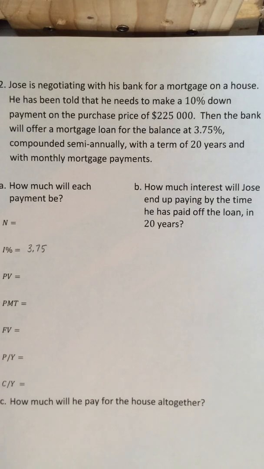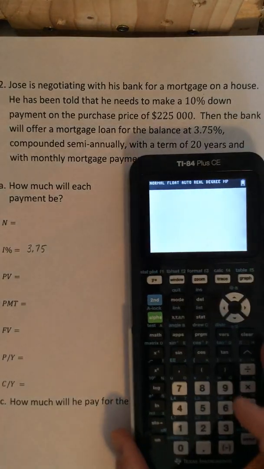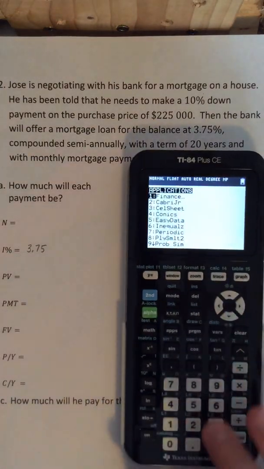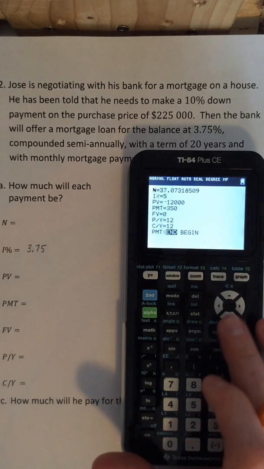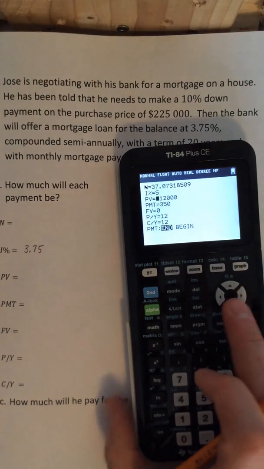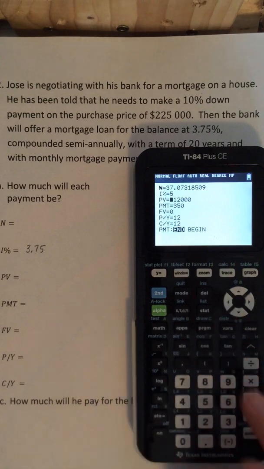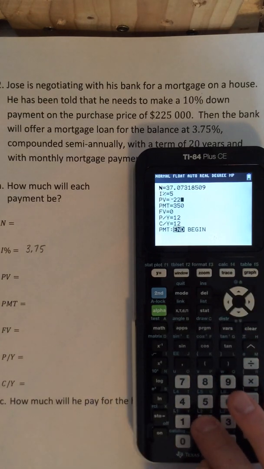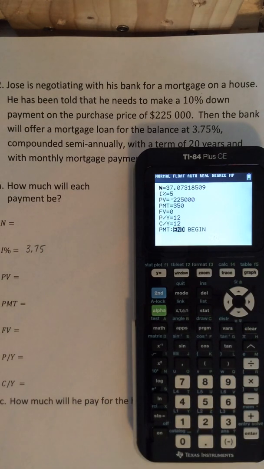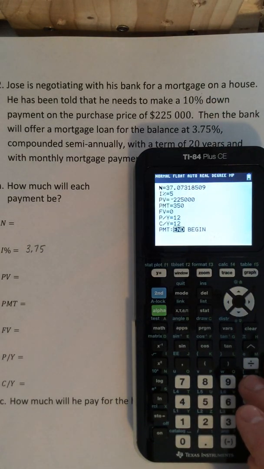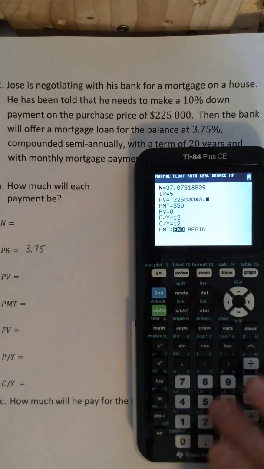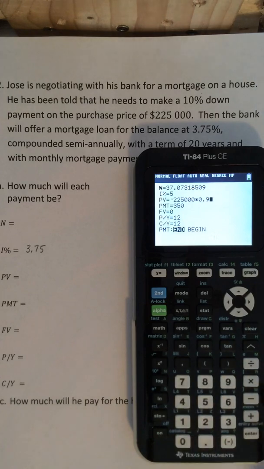Now I'll show you something that you could do in this TVM solver when you're inputting this information. You could go down here to highlight the present value and type in the negative $225,000. Since he's paying 10% of this, the rest that's left for him to pay off is 90%, which as a decimal is 0.90 or 0.9.